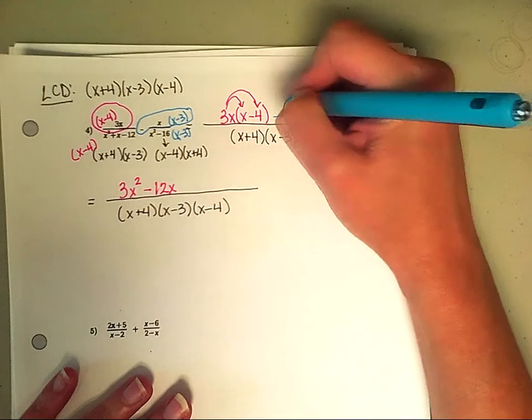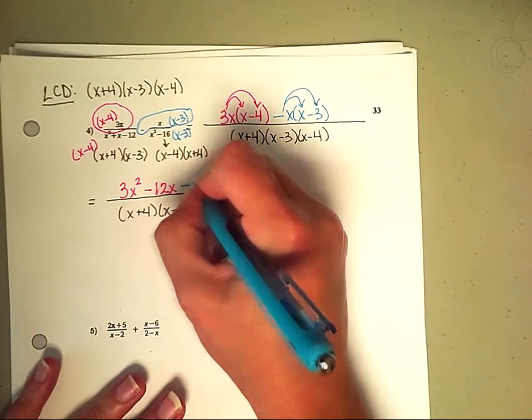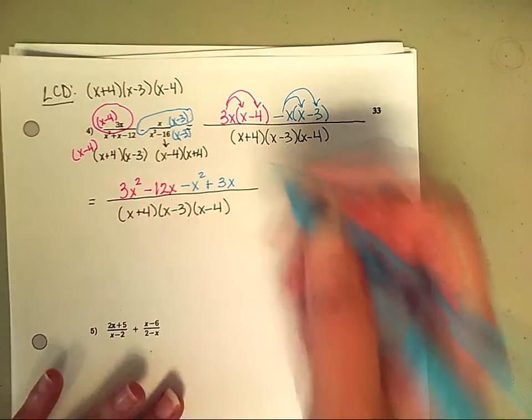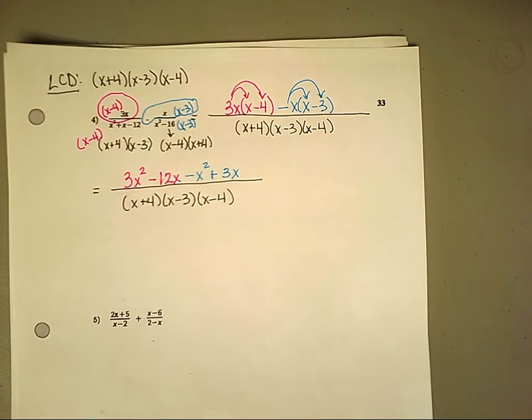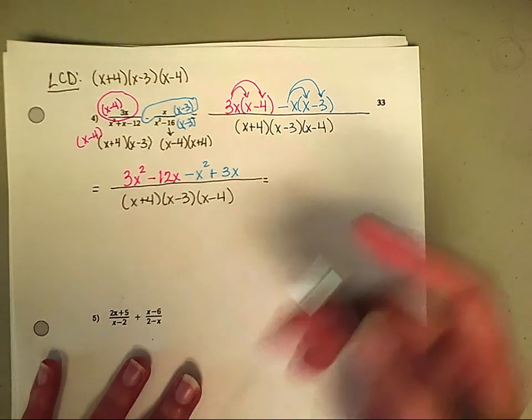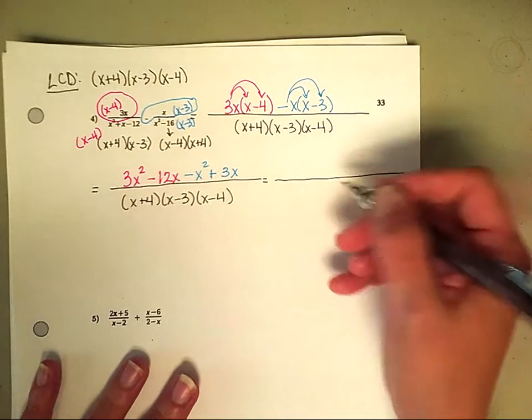Then distributing the negative x through, we get minus x squared plus 3x. And now we're ready to combine like terms.